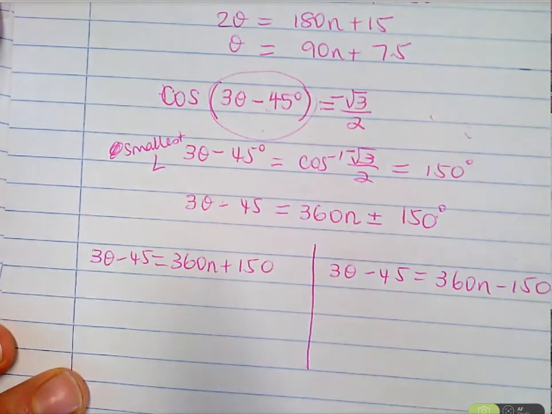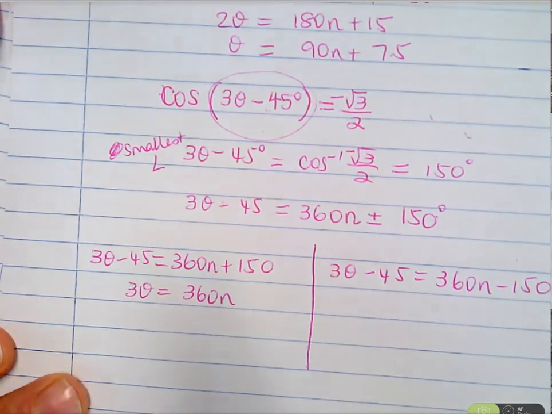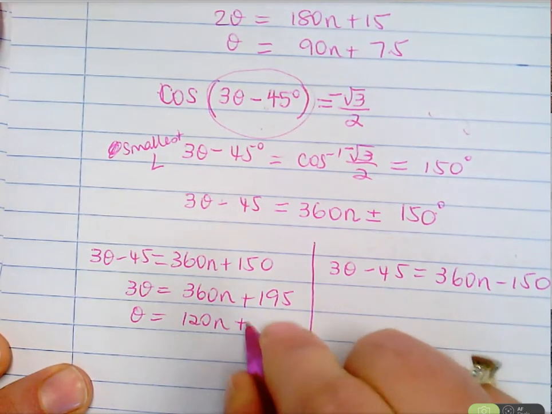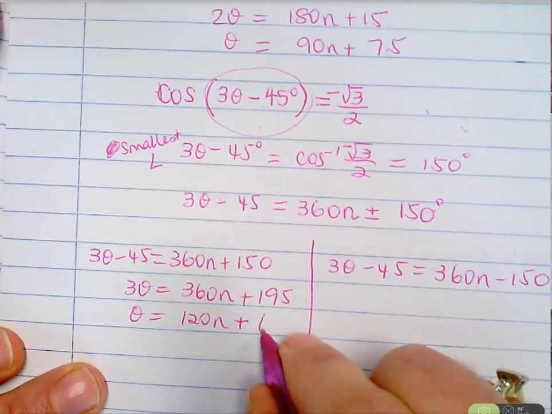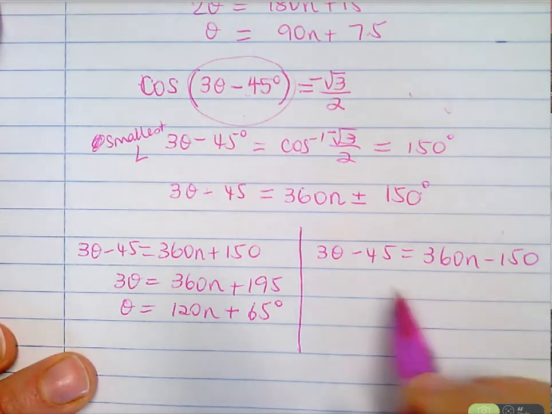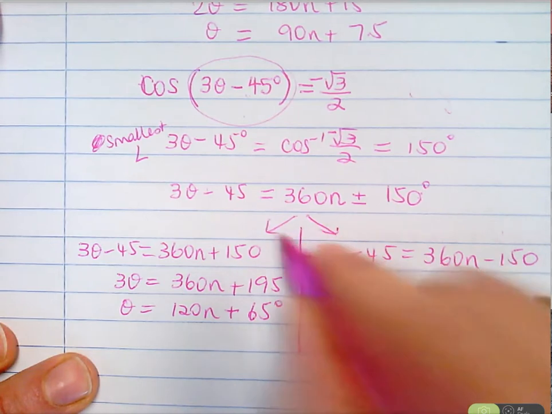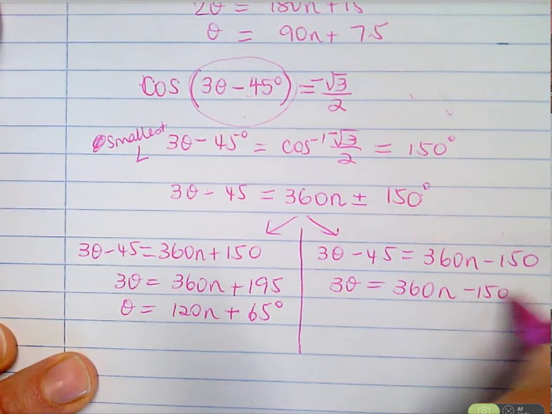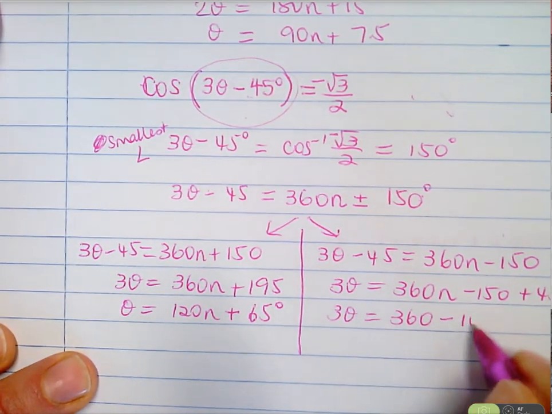So just start rearranging. 3 theta is 360n plus 195, and divide by 3: 120n plus 65. With this one, it's really important to do the minus 150 separately because you get different answers. 3 theta is 360n minus 150 plus 45, which is minus 105.